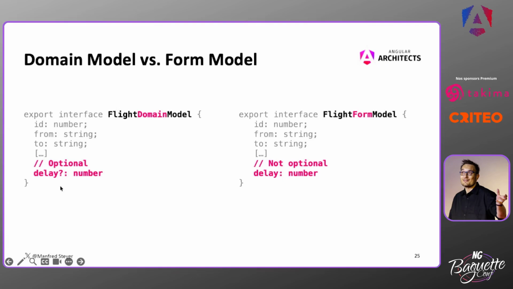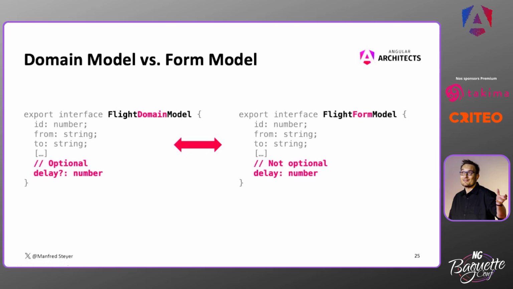Your backend could tell you there is no delay by just skipping the delay or setting the delay to undefined. However, in your form, there is always a delay field. Sometimes it might be hidden, sometimes it might be disabled, but it's always there. So there's always a number, and that means somehow you need to convert between those two representation styles.